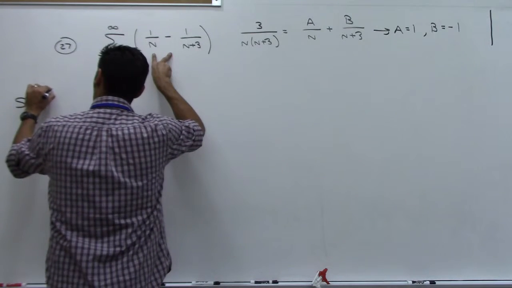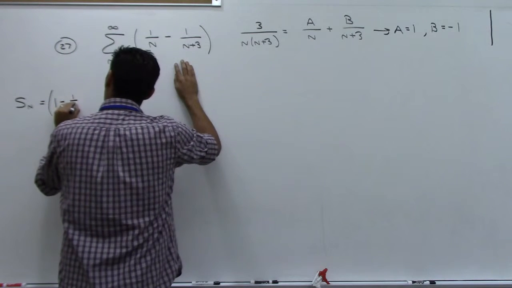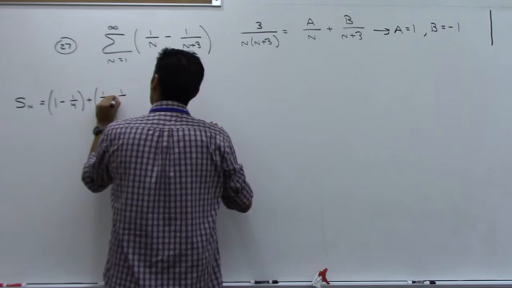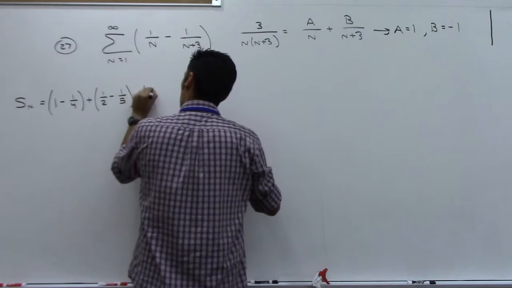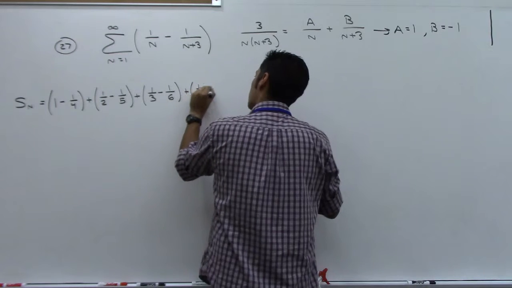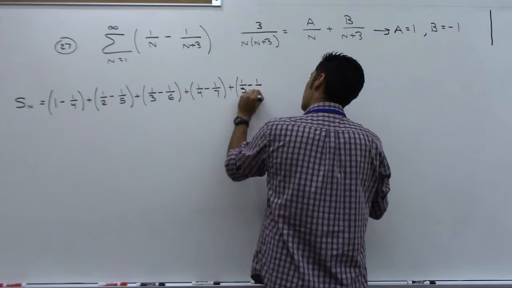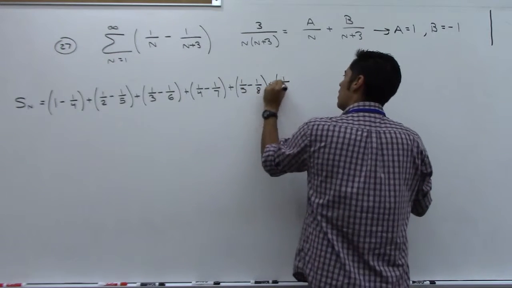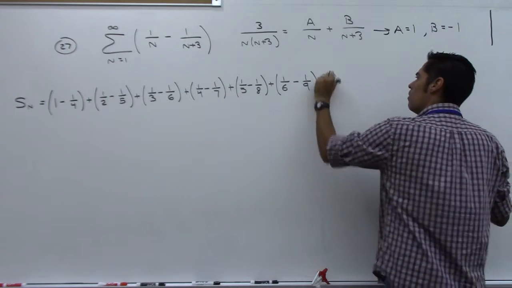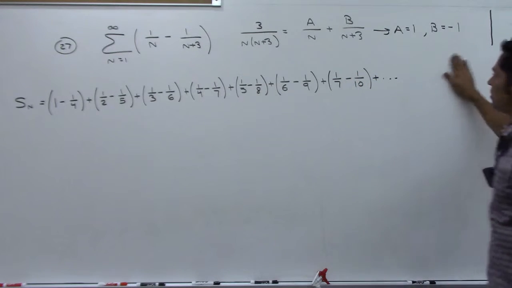When I plug in 1, I get 1 minus 1/4, plus 1/2 minus 1/5, plus 1/3 minus 1/6, plus 1/4 minus 1/7, plus 1/5 minus 1/8, plus 1/6 minus 1/9, and 1/7 minus 1/10 plus, and I have to stop this, but I'm out of room over here.